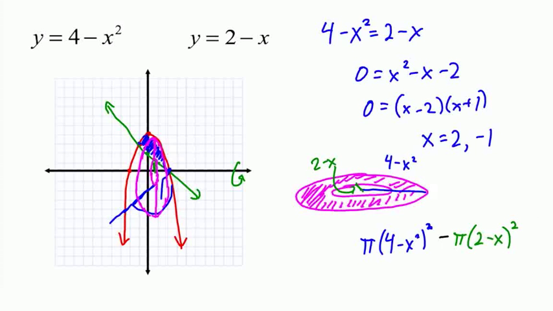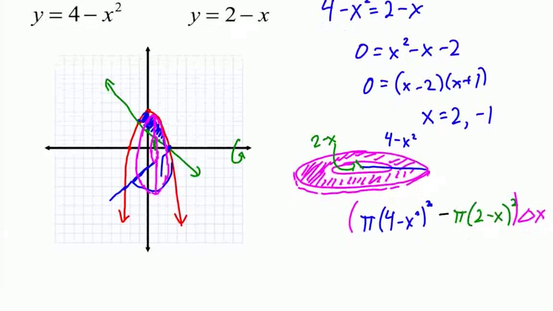And then this has a thickness to it, really. So the thickness is actually going to be dx, and this is all going to be multiplied by dx. So hopefully that makes sense.